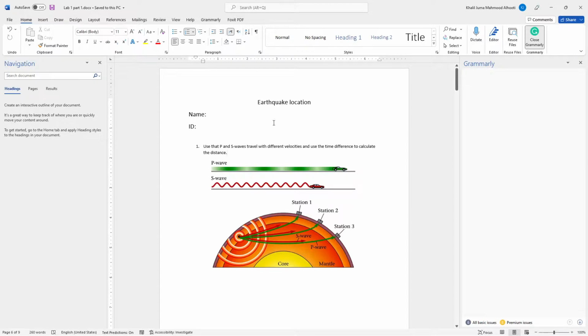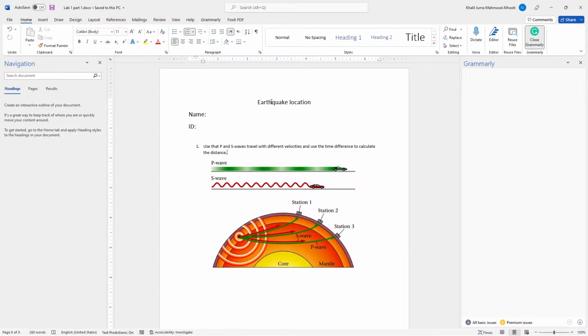So the lab itself is about how to locate an earthquake. Basically, whenever you want to locate an earthquake, you need to determine the surface coordinate of this earthquake, at what location exactly it happened.